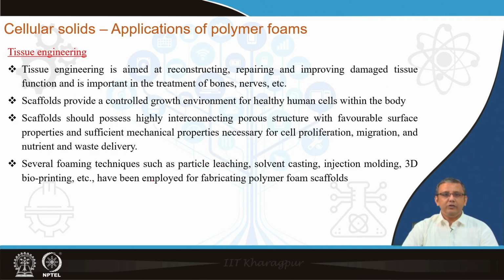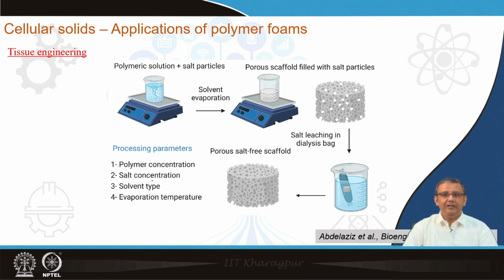Polymer foams are also used for tissue engineering, like for scaffold fabrication, again because of the open porous nature, the high surface area, and the non-corrosive nature. Many methods can be developed, like particle leaching, solvent casting, and 3D printing. All those methods can be used for fabricating these open cell polymer foams for many tissue engineering applications, as shown over here.